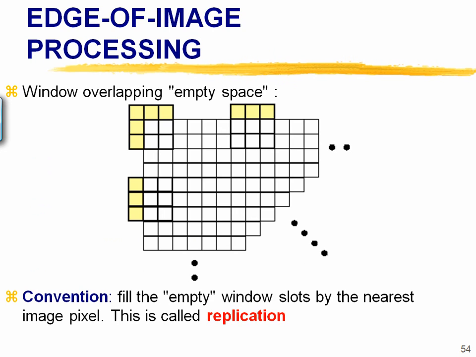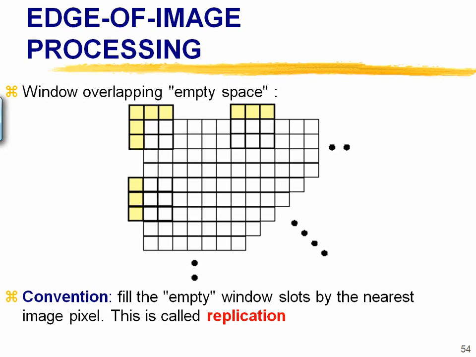All right, which brings us now to the fact that we have to deal with these empty regions. Because if I start processing using these structuring elements, and if I wish to process the first pixel in my image, a portion of my window is going to sit outside the boundary of the image. So what do I do with the boundary of the image?